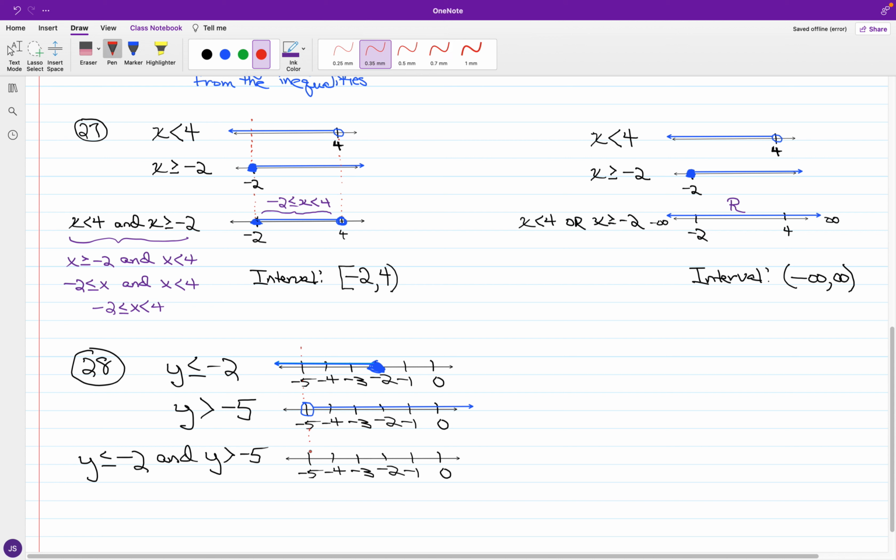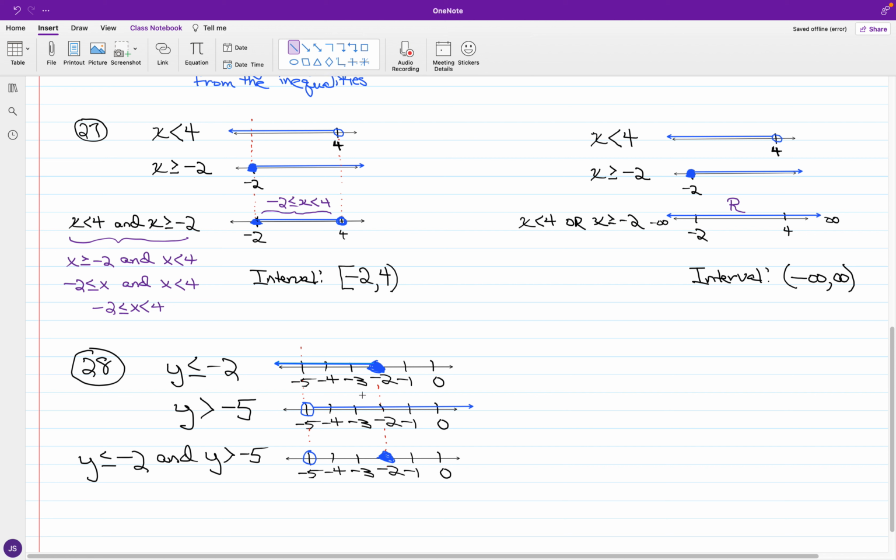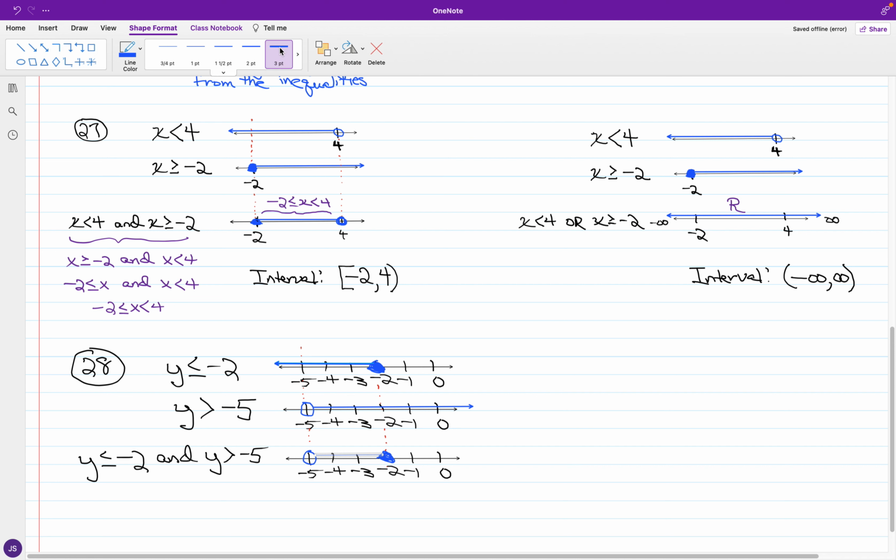So nothing is going to be to the left of -5, and nothing is going to be to the right of -2. Okay, so at the ends, you have the open circle on -5. At the upper end, we'll have a closed point on -2. And so we're going to have, in this case, again, a line segment.